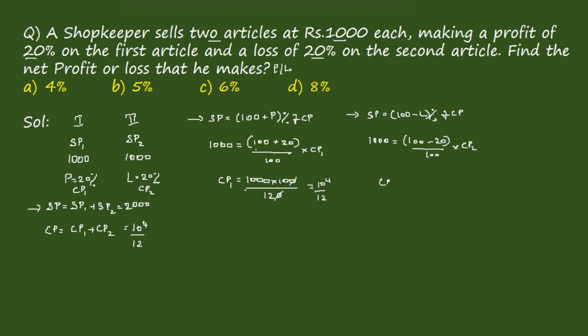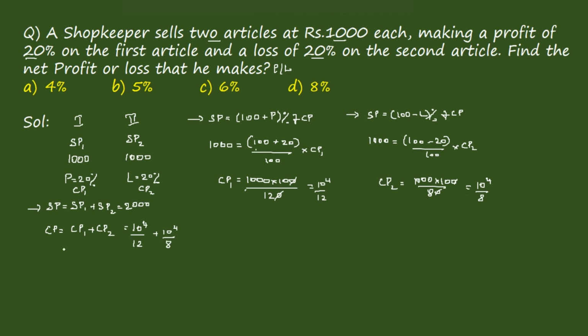And cost price 2 is equal to 1000 into 100 by 80, right? The zeros cancel, which is equal to 10 power 4 by 8. So plus 10 power 4 by 8.